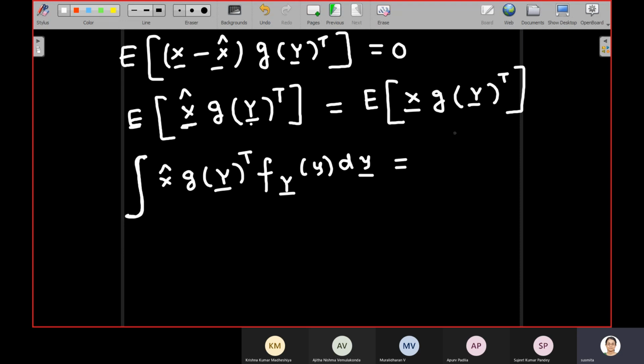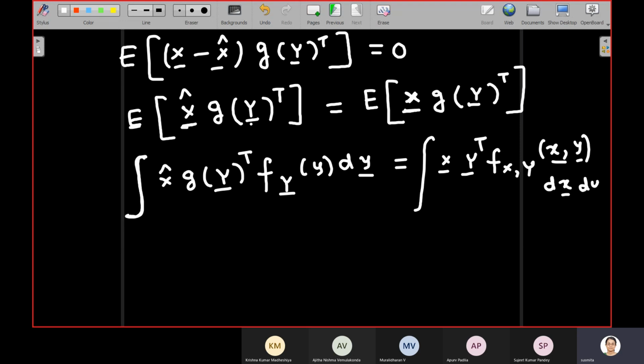How about the right hand side? On the right hand side we have two random variables x and y, right? So we need to consider the joint PDF. Again, multi-dimensional integration. Now we can write the joint PDF in terms of the conditional PDF.